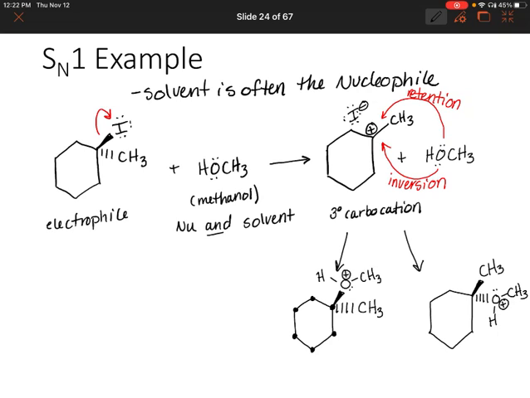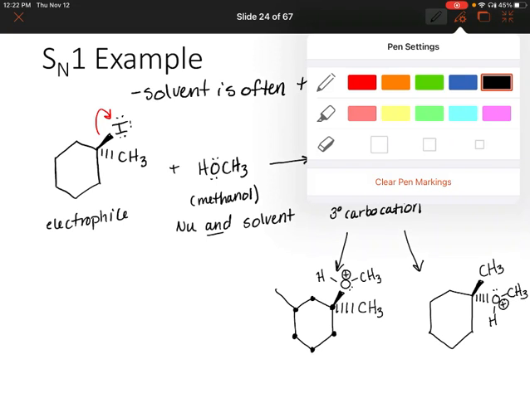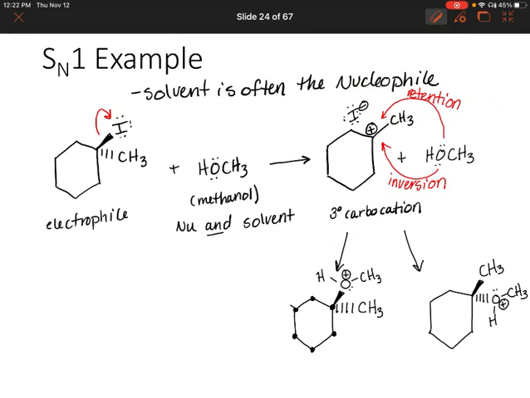Now, if we had, let's say, a methyl group over here, then that would be different and we would have a stereocenter, but we don't have any other substituents on the ring, so those 2 groups are equivalent, so that is not a stereocenter. Okay, so that rules out enantiomers and diastereomers.